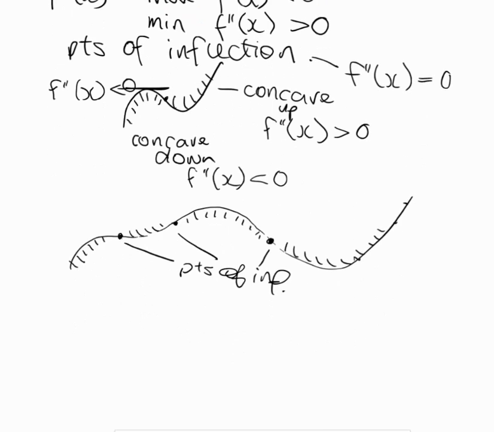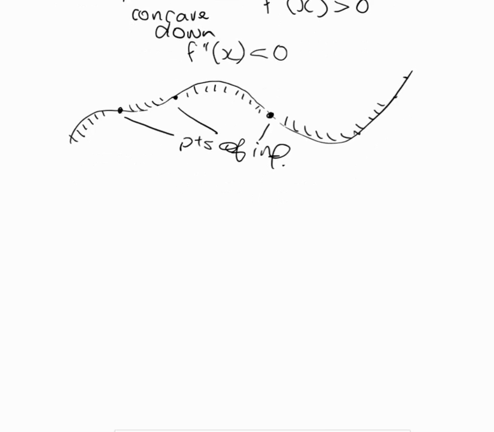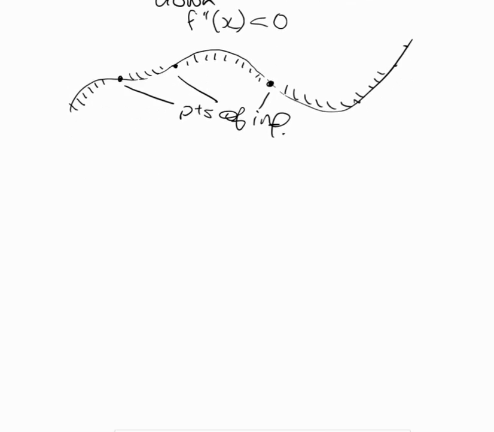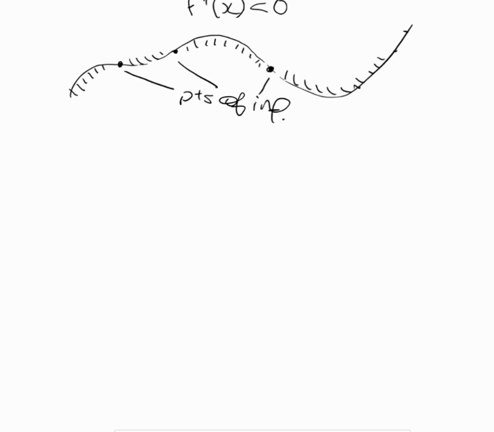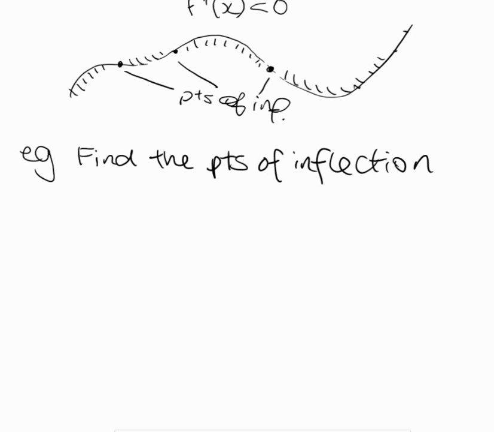Okay. So if we're asked to find our points of inflection, for example, I'll just write the question out. We're finding them for the graph f of x equals x to the power of 4 minus 4x cubed plus 16x minus 2.